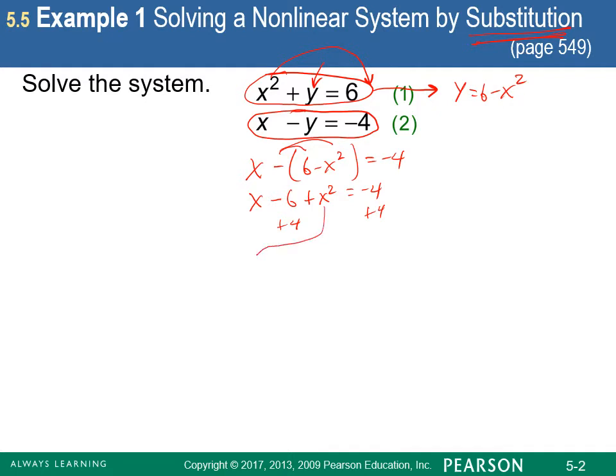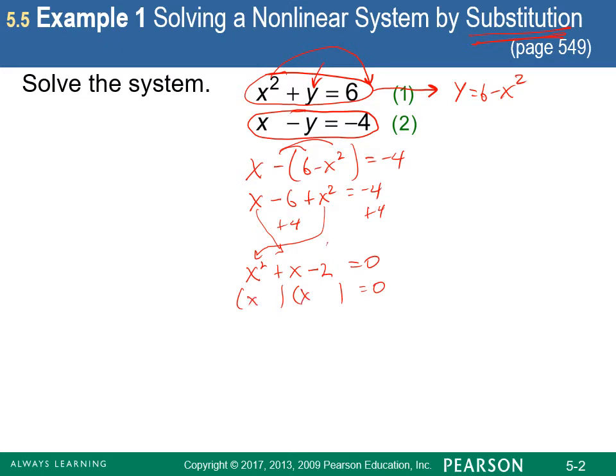So the x squared we will put first, then the x, and then of course negative 6 plus 4 is negative 2. And so now we will solve that equation. We've had pretty good luck with factoring, so we will give that a try.